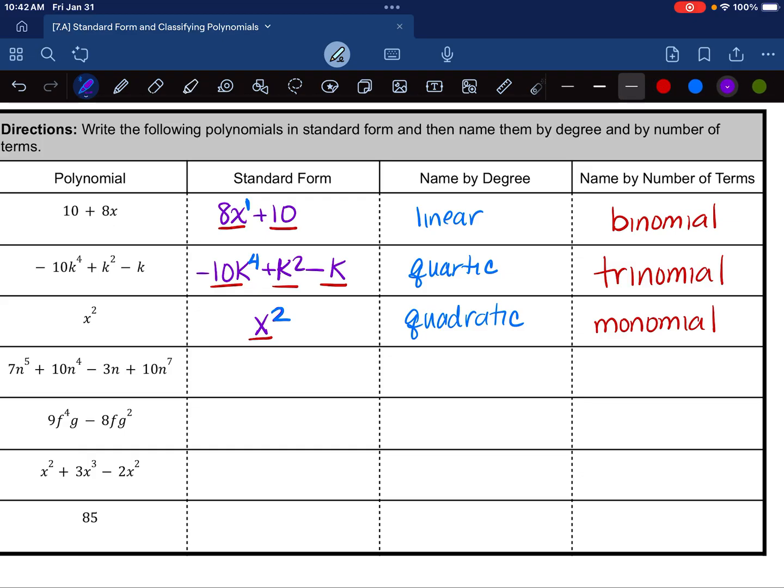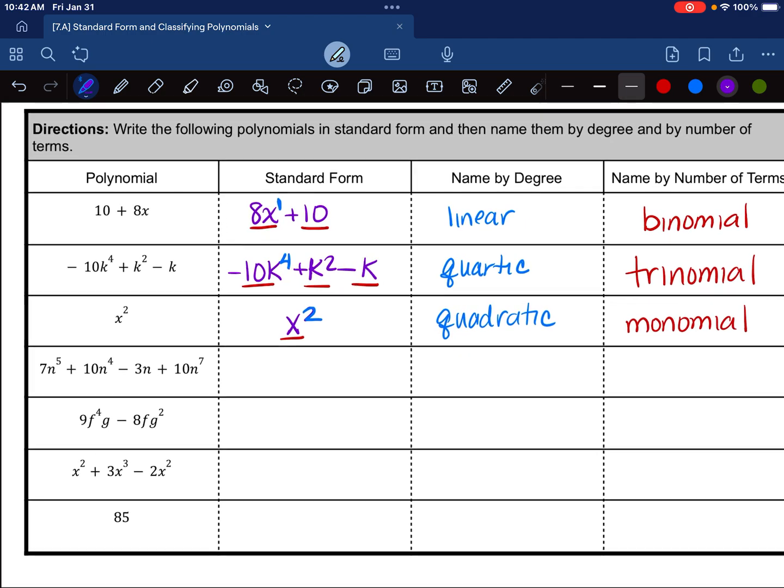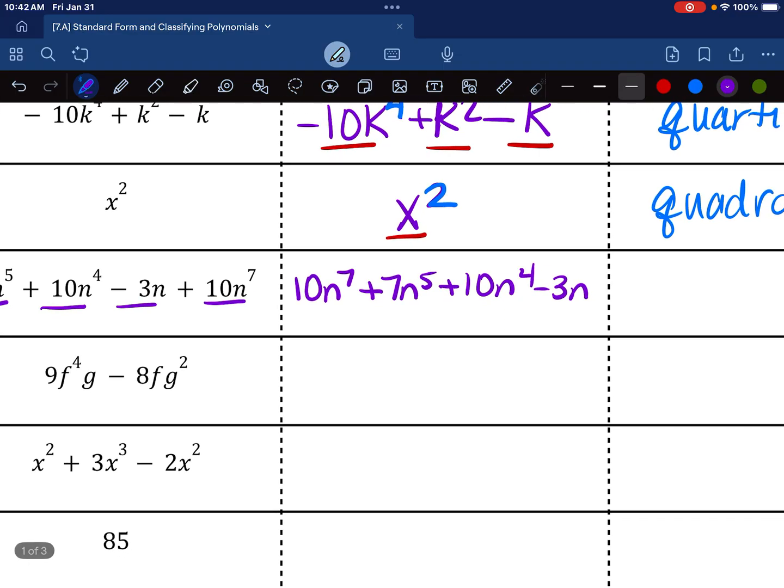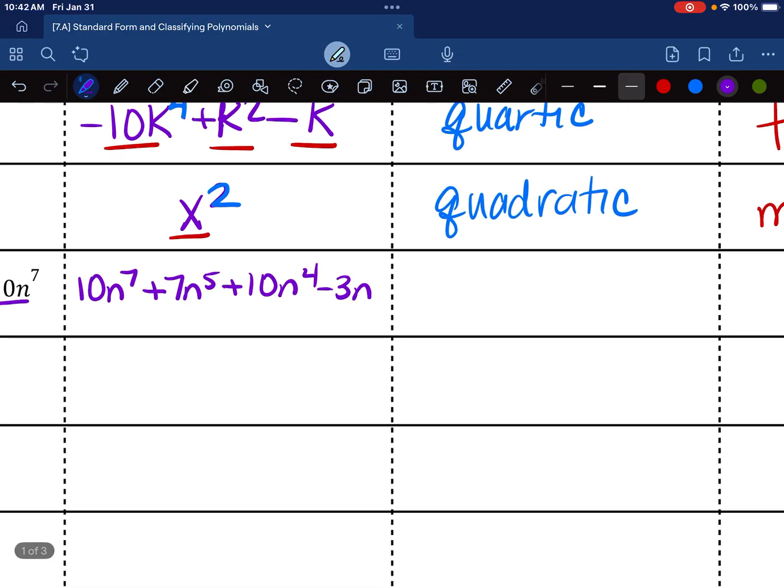All right, now looking at this one. It has 10n to the 7th as the biggest exponent, so it's going to go first. Then I have a 7n to the 5th, 10n to the 4th, minus 3n. So notice I put it from highest power to lowest power. So this is degree 7.